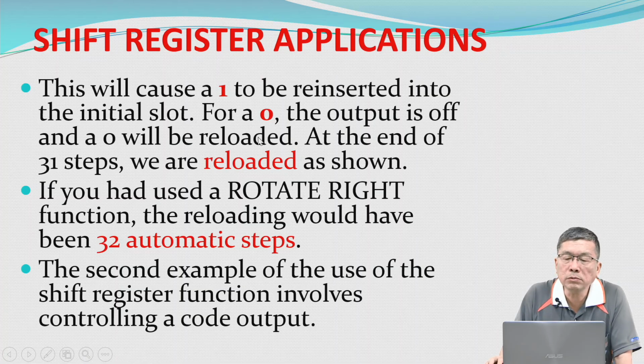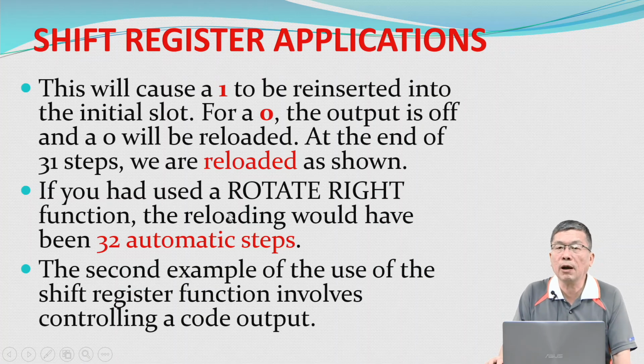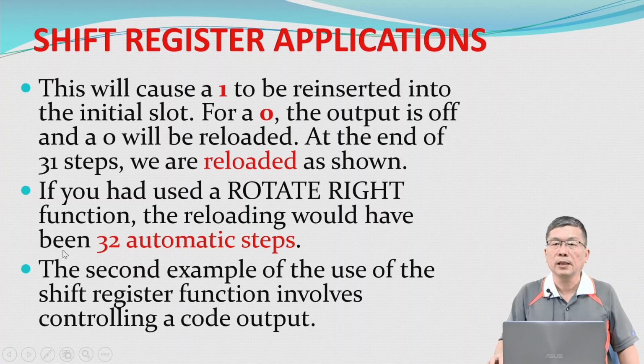For a 0, the output is off, and a 0 will be reloaded. At the end of 31 steps, we are reloaded as shown. If you had used a rotate right function, the reloading would have been 32 automatic steps.